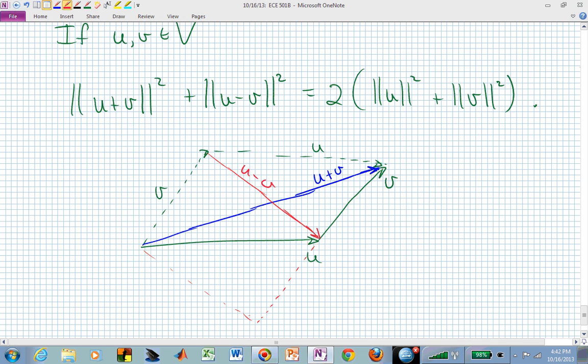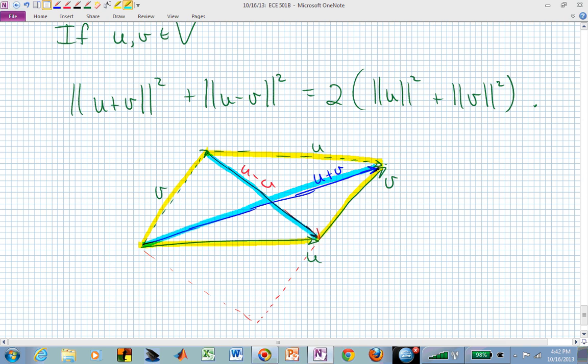So if you think of this as being a parallelogram, what you're saying with this theorem is that you take these four sides of the parallelogram and you take their norm and square it and add them up. That's going to be equal to the norm of the diagonals, distances squared.